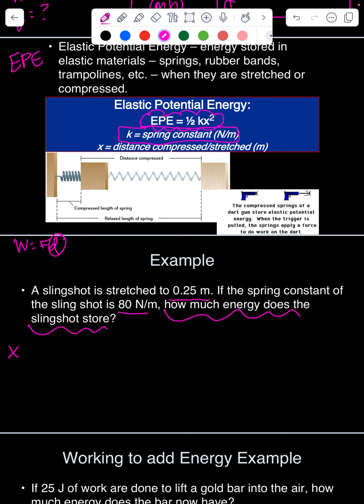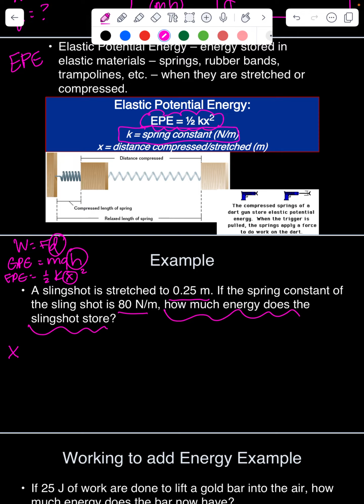That was our first distance. We just got another one with gravitational potential energy, that was mgh. Now we have elastic potential energy, which has x in it. All of those are going to be distances, all found in meters. So you have to figure out which one we are looking at.